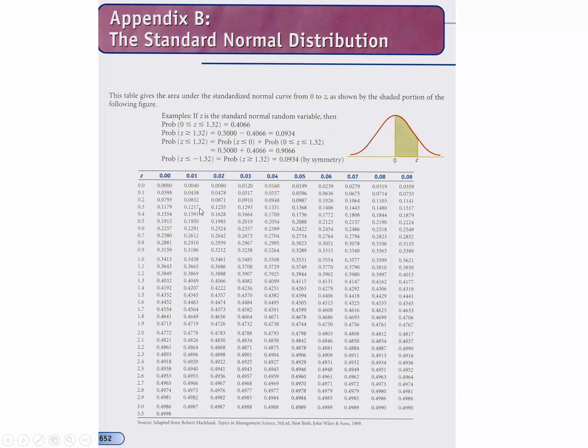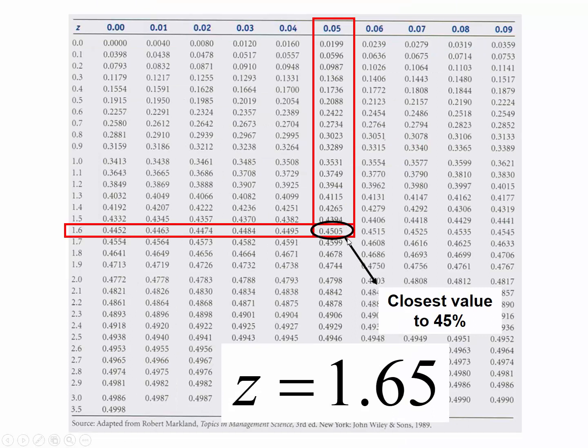So let's look at the number in that table and identify the one that is the closest to that 45%. You see that here I'm at 44.52, 44.74, 44.84, 44.95, 45.05. That's the one we're going to select here. So that's this number here. Once we identified that probability, we're going to look at the number at the top of that column and also the number on the side here, and we're going to add up those two numbers.